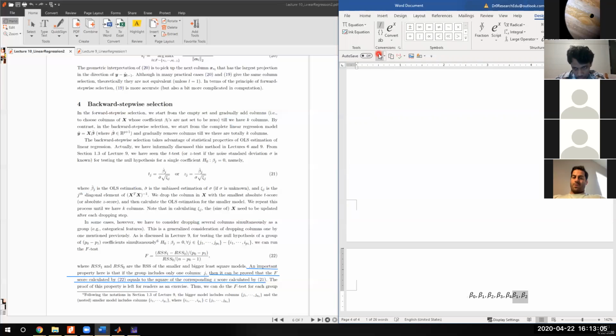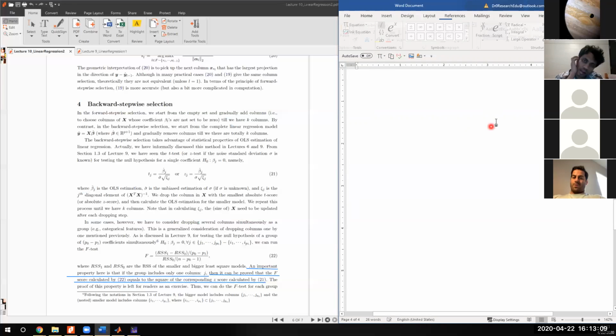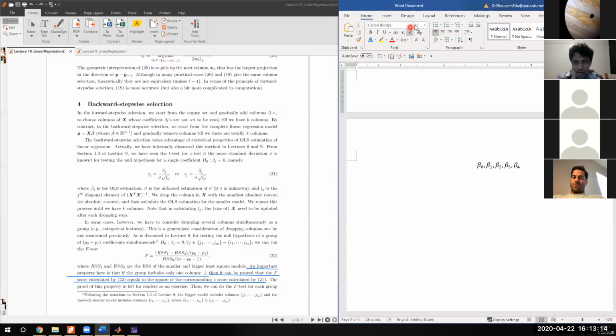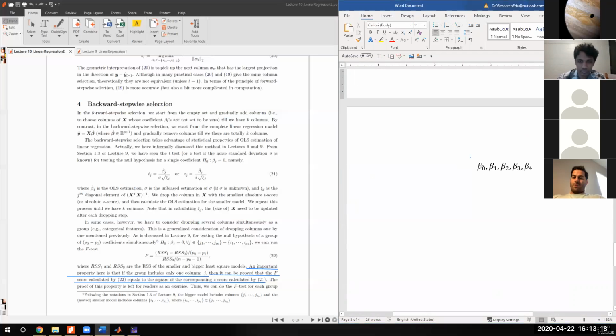Okay, enough. So what I can do is group them in this way. For example, I group beta 0 as one group, beta 1 and 2 as one group, and then beta 3 as one group, beta 4 as one group.